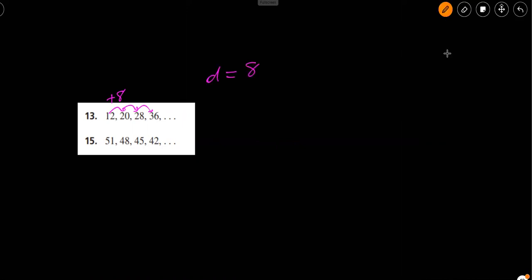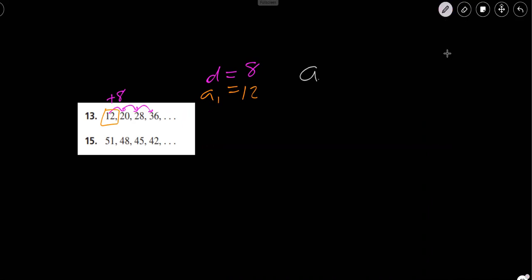If I'm looking for A1, the value in the first position, I just go to the first position in the sequence, and that value is 12. I now have enough to build my formula.